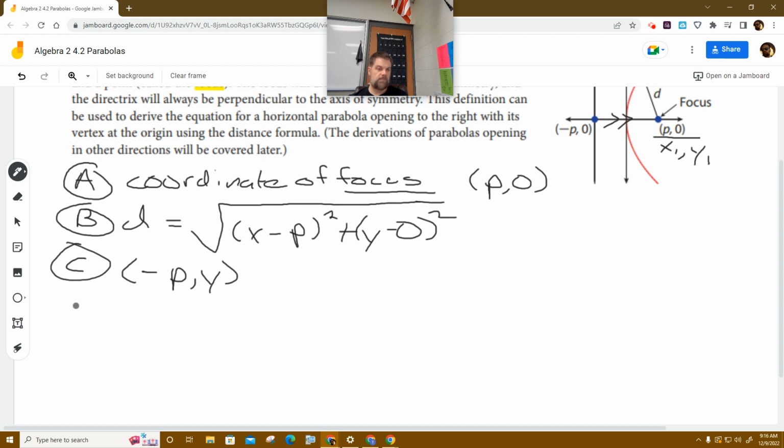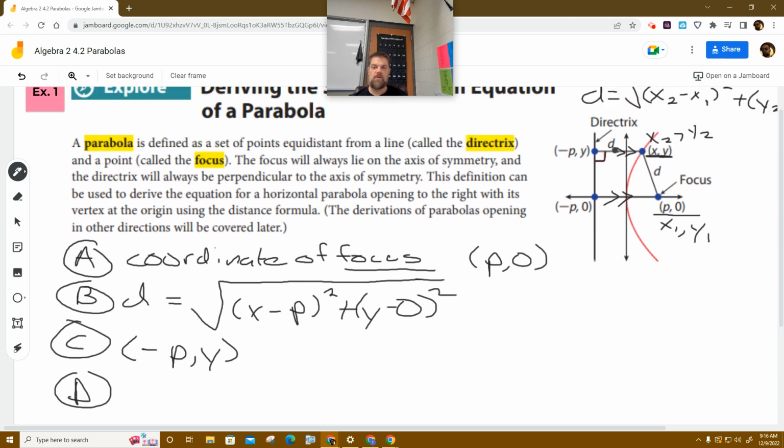Okay? And then the next step is we're going to solve for the distance, because we're saying that it has to be equal, right? So the distance is the same, but now if this is x sub 2, y sub 2, except we kind of reverse it, we're going to let this be x sub 2, y sub 2, and then this becomes our new x sub 1, comma, y sub 1.